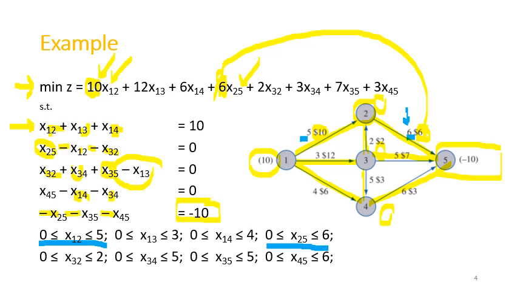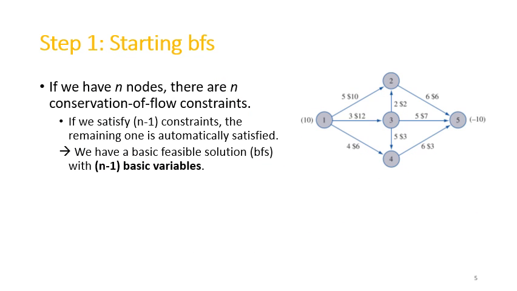So this is how you read all the data that is given in this figure and then translate it into a formulation. The first step in the network simplex is determining the starting BFS.